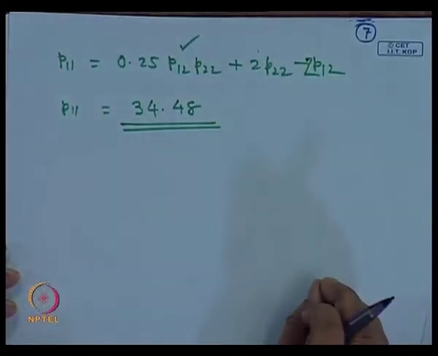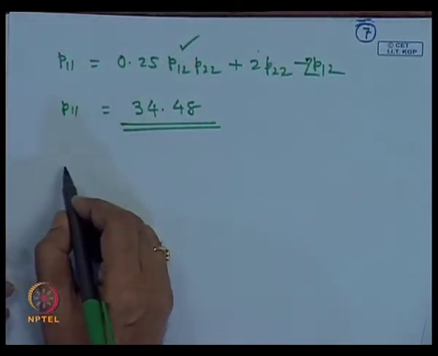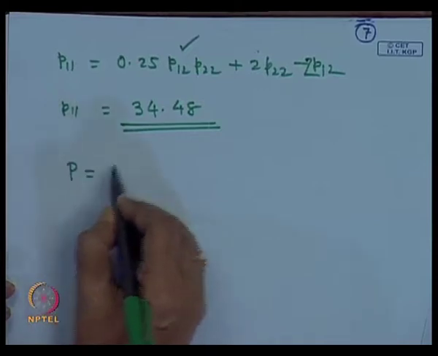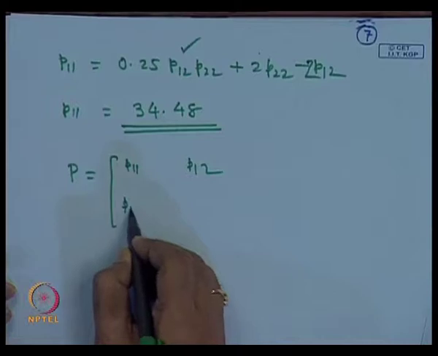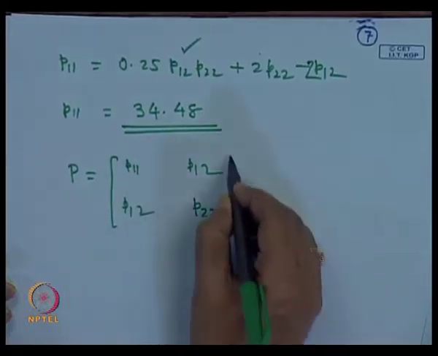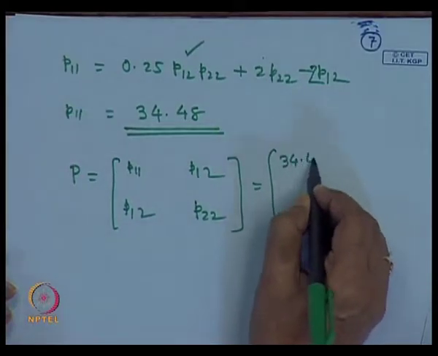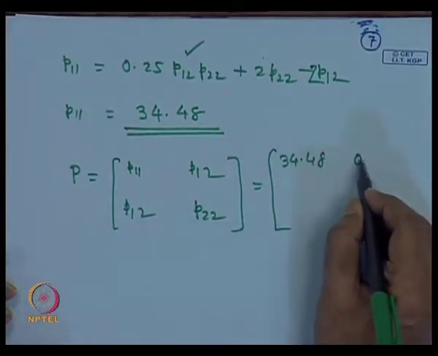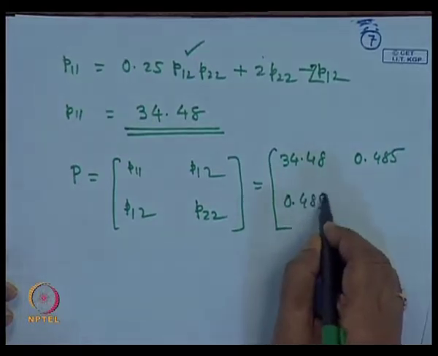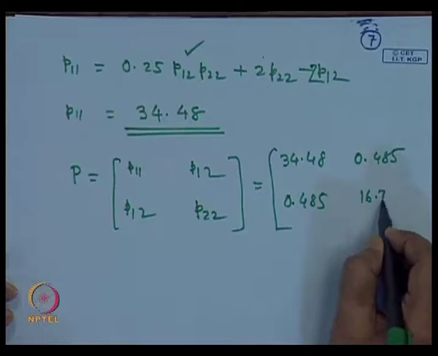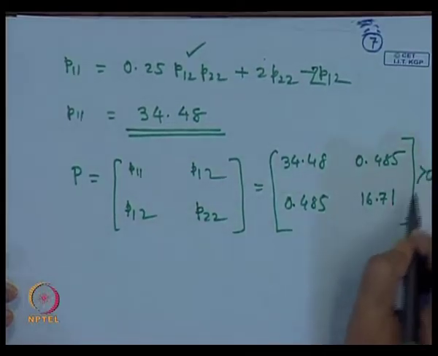Now you check it, P should be a positive definite matrix. So, P is P11, P12, P12, P22. If you put these values, P11 is 34.48, P12 is 0.485, and P22 is 16.71, and that matrix is a positive definite matrix.